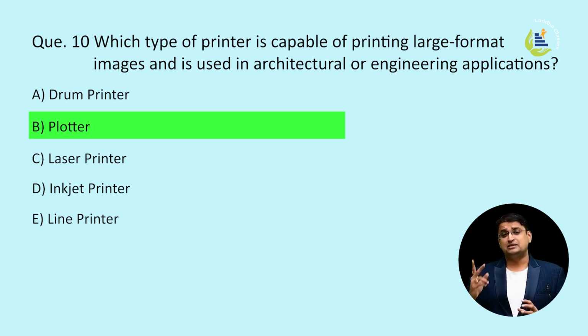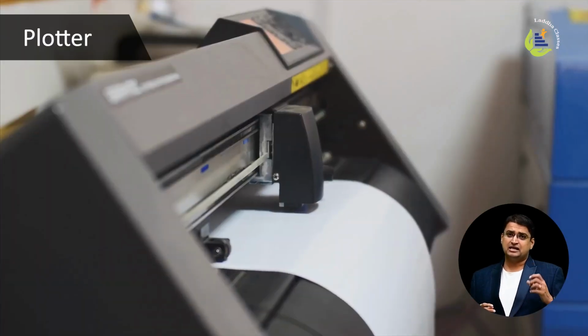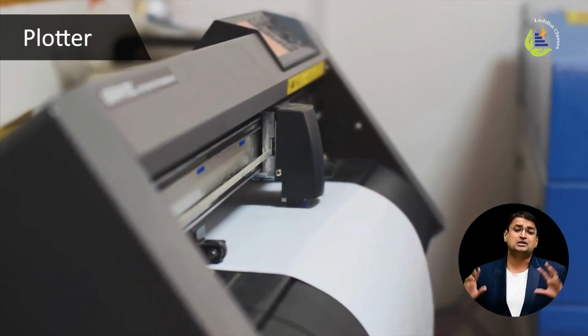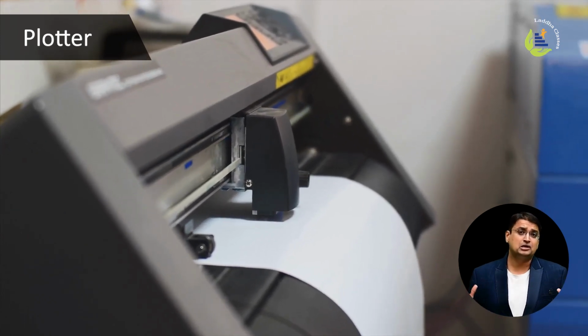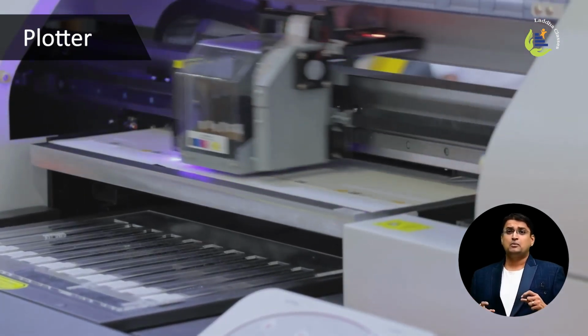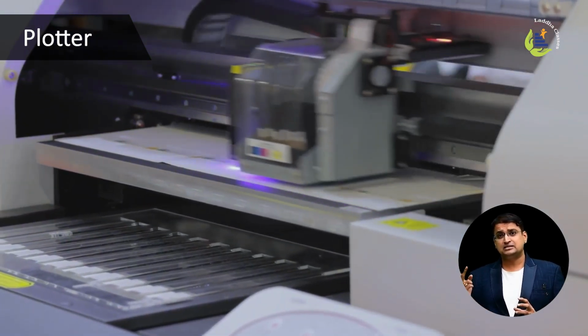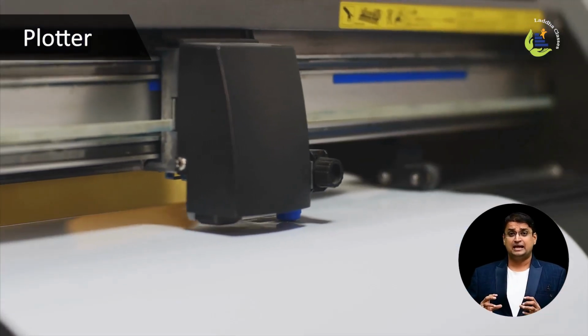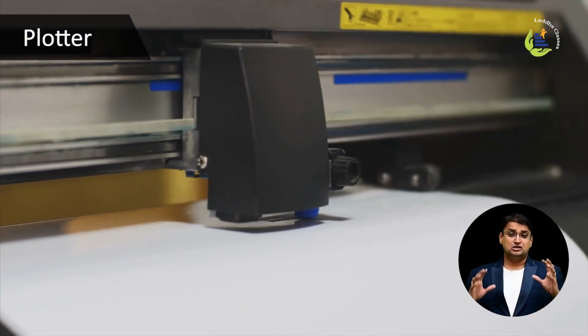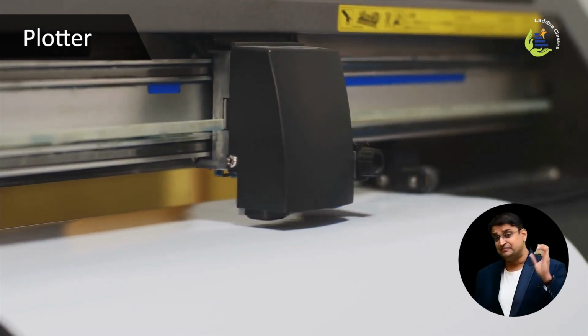Correct answer option is B, plotter, because plotters are designed to print large detailed images commonly used in fields like architecture and engineering. Drum printers, laser printers, and line printers are not suitable for large format prints, and inkjet printers are generally used for smaller designs.